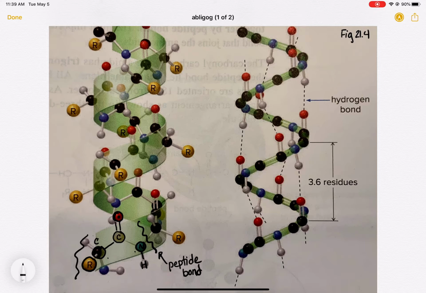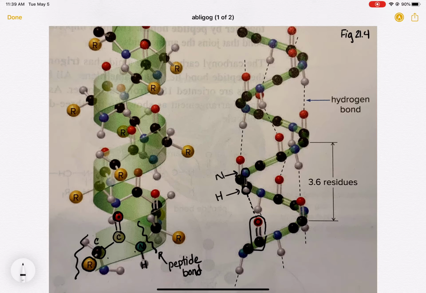What I want to do now is move over to the other diagram, because the other diagram is going to maybe make it easier for us to visualize the hydrogen bonding that's occurring between two different amino acids. So again, the same amino acid that we just focused on is right here, and this is its carbon-oxygen double bond. This dashed line is showing us that it's hydrogen bonding to this hydrogen right here, which is connected to a nitrogen in blue.